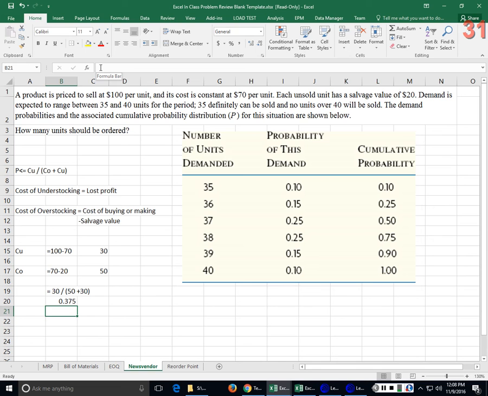My cumulative probability of selling less than 37 is 0.25. My cumulative probability of selling less than 38 is 0.5, right? So when do I exceed my targeted value of 0.375? I exceeded at 38, so then I would target 37.